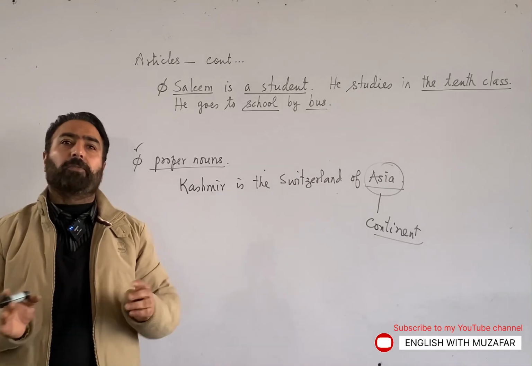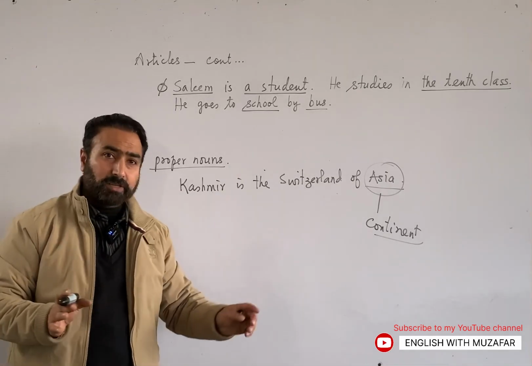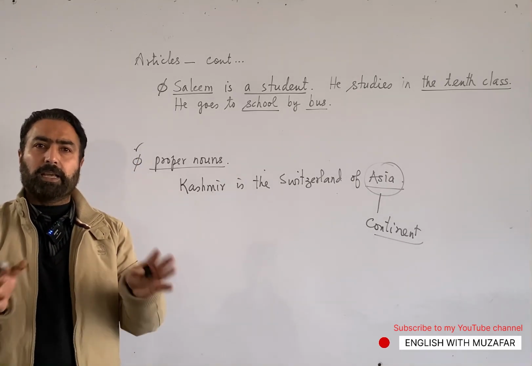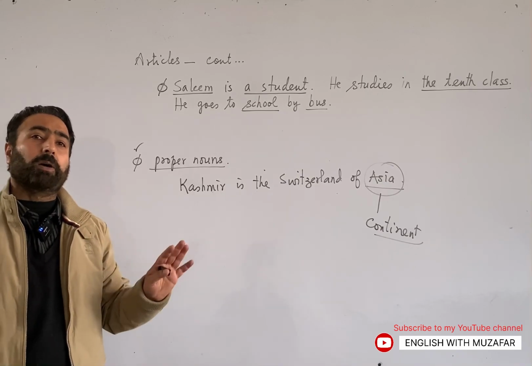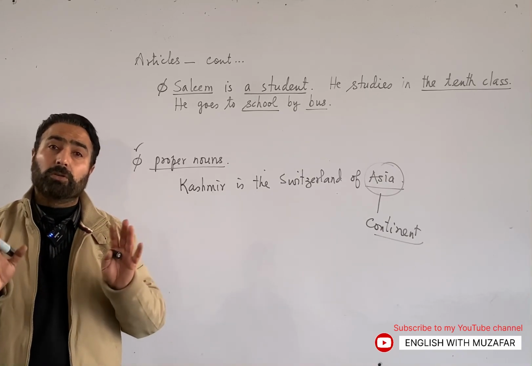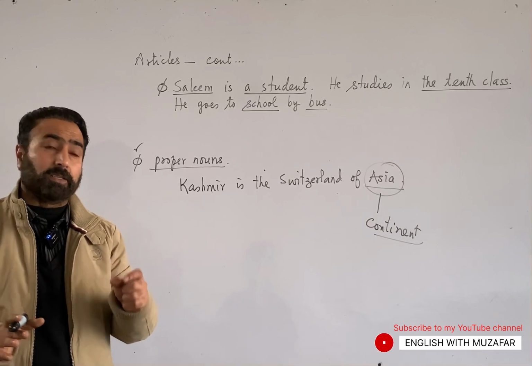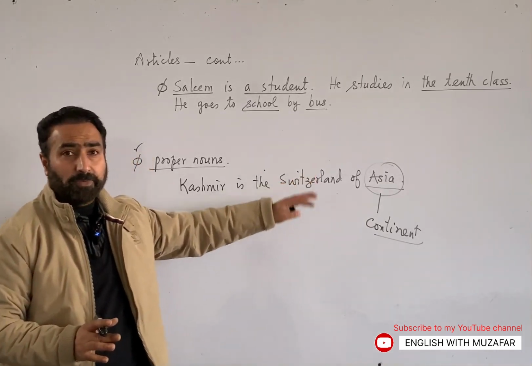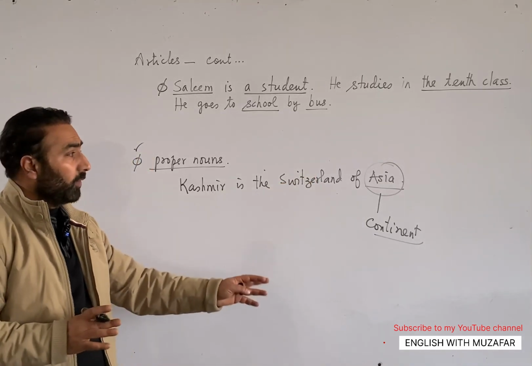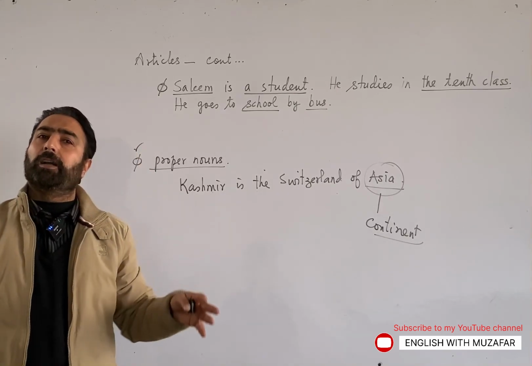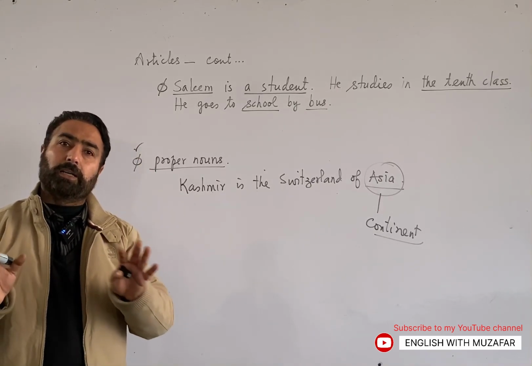Africa, we don't say the Africa. We say Australia, not the Australia. I'm not talking about the names of countries. I'm talking about the names of continents. You have Asia, you have Africa, you have Australia, America. We don't use any articles with them.